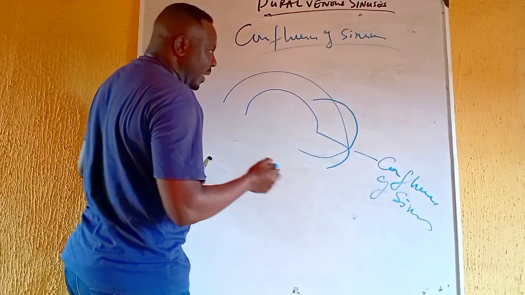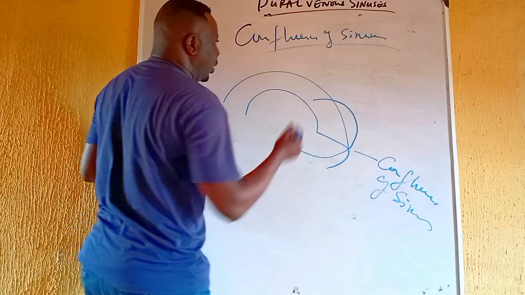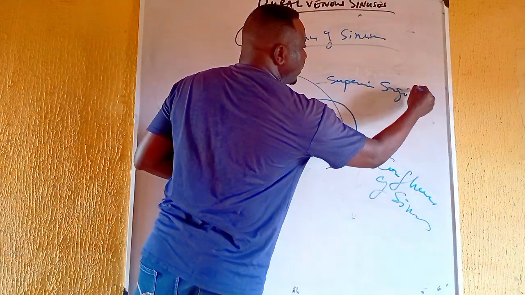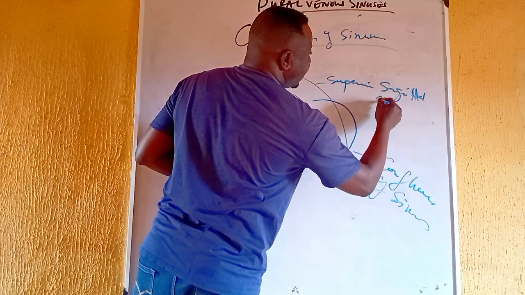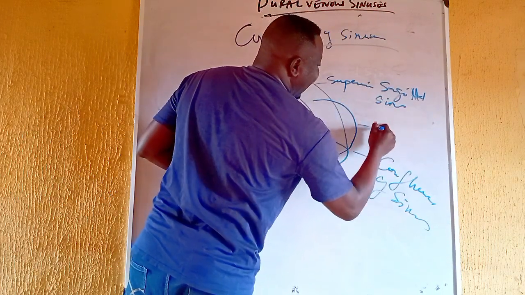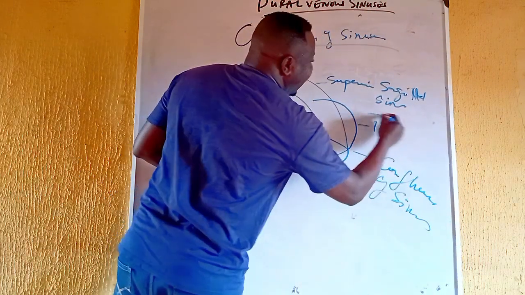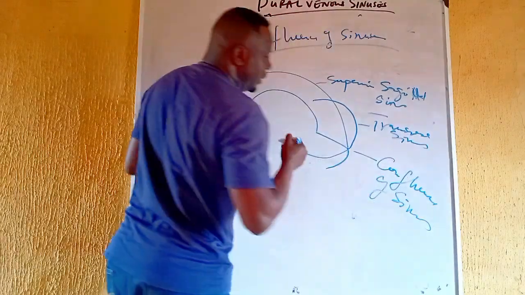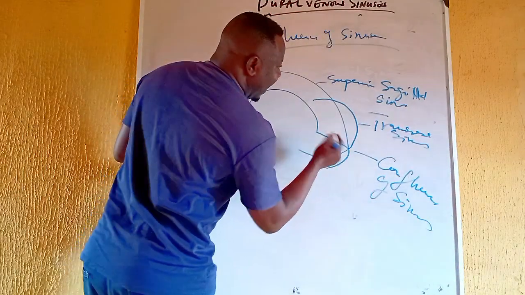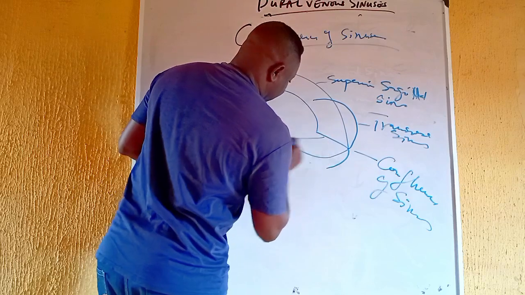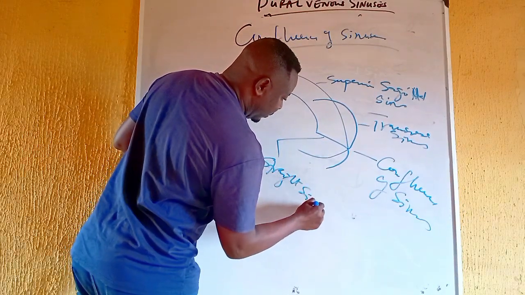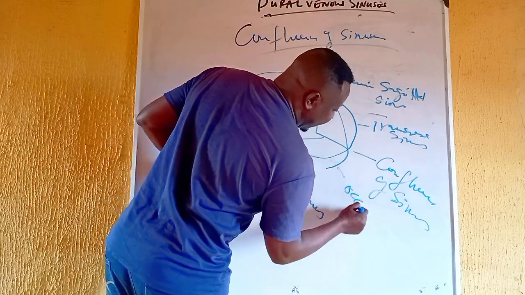And as you can see, the confluence of sinuses consists of the superior sagittal sinus, the right and the left transverse sinus, and of course, the straight sinus, and the occipital sinus.